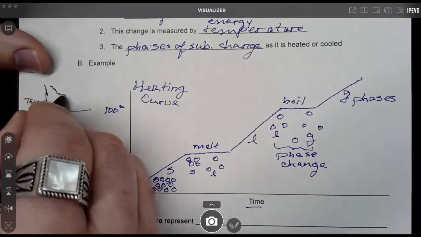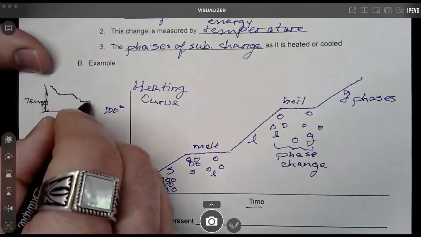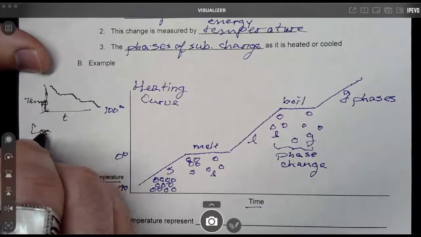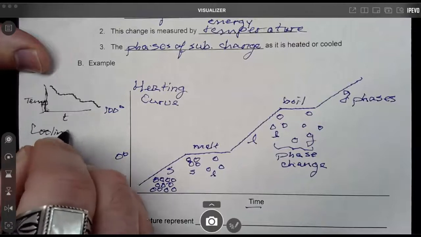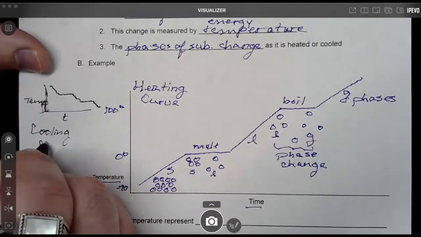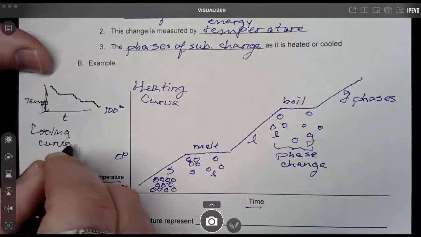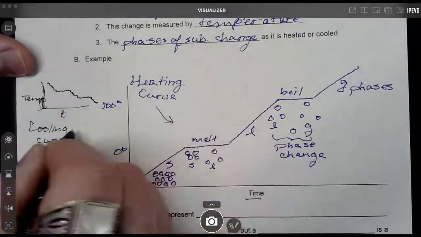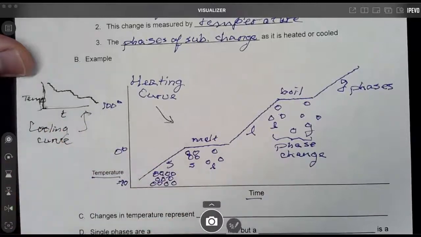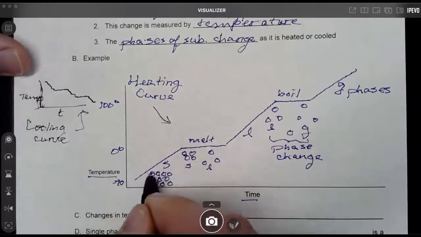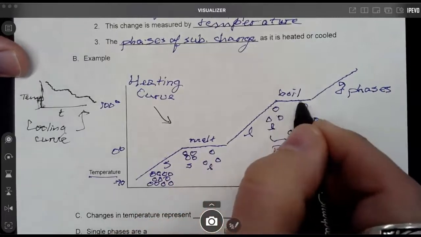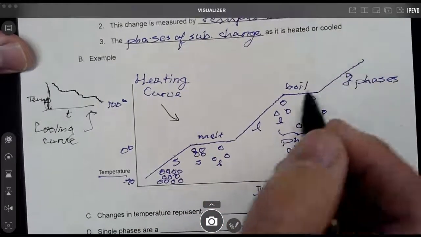A cooling curve just goes the other way. So this is a cooling curve. Okay? So heating curve, cooling curve. But they essentially show the same thing. They show a single phase, they show two phases, single phase, two phases, single phase. Okay?